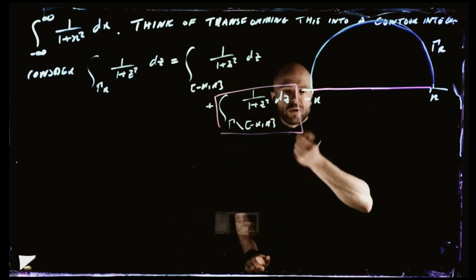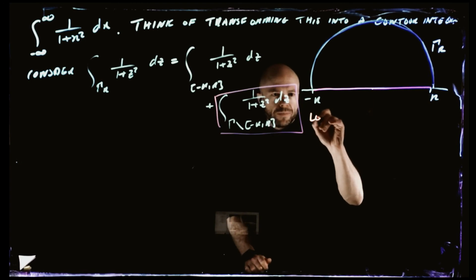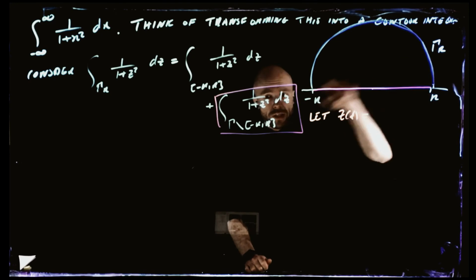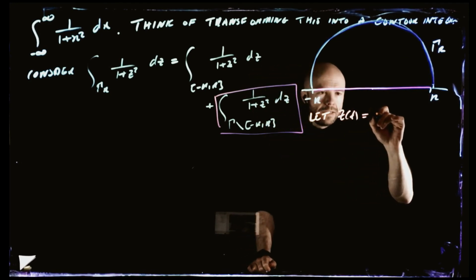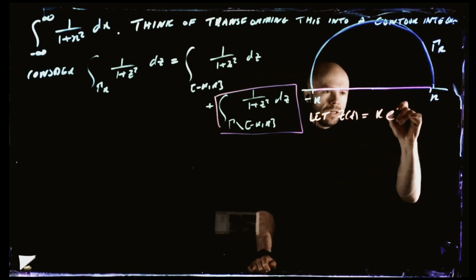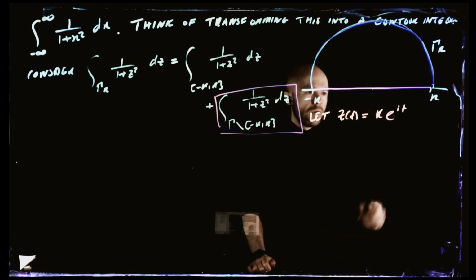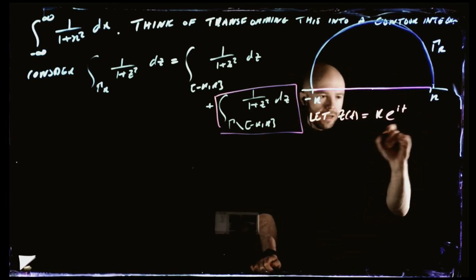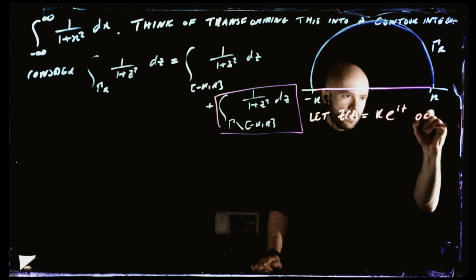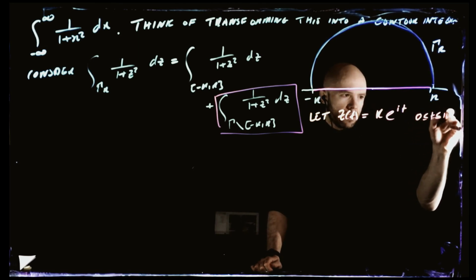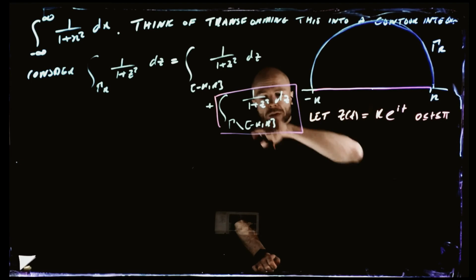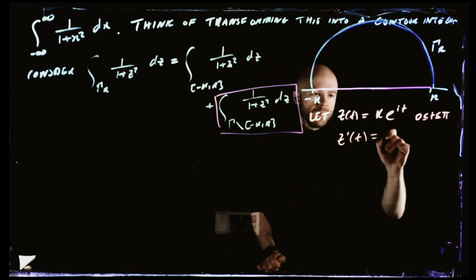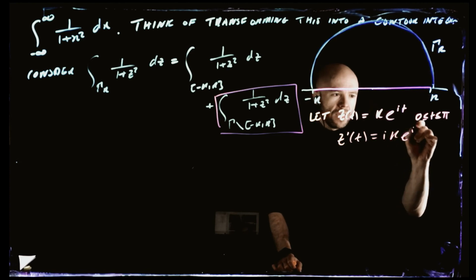So if we create a parameterization, let z of t be a parameterization of this part right here. Let it be r e to the it, where t goes from 0 up to pi. Then that's exactly this, giving this guy right here. So z prime of t is equal to i r e to the it.